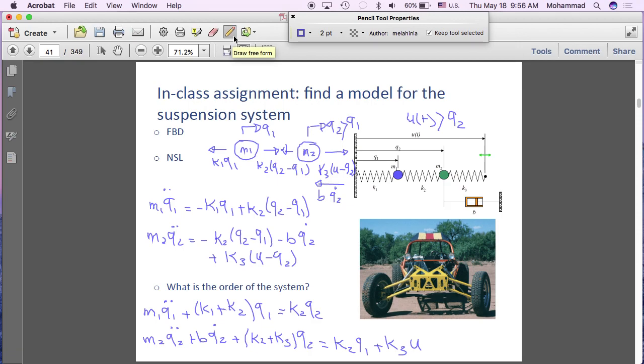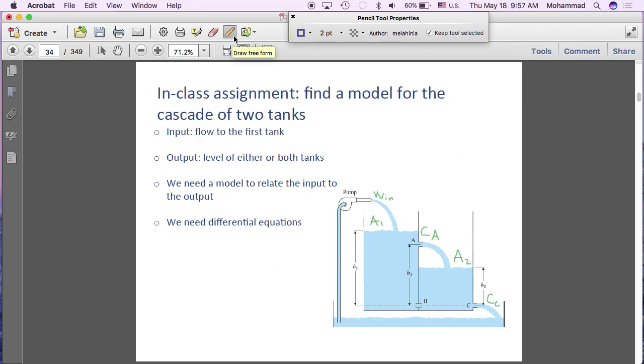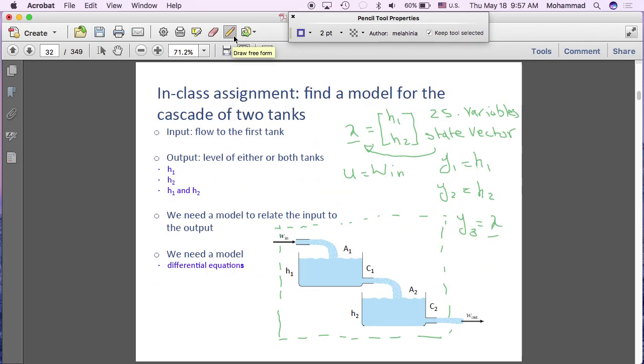All right. So let's answer this question. What is the order of this system? It's second for each of these two equations. So what is the order of this system? Just to refresh your memory, let's go back to the first example that we solved. What was the order of this system?